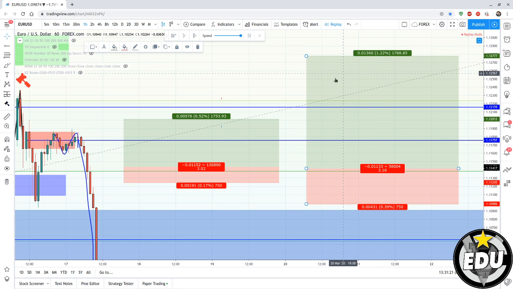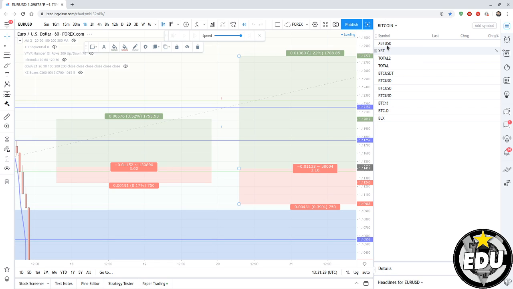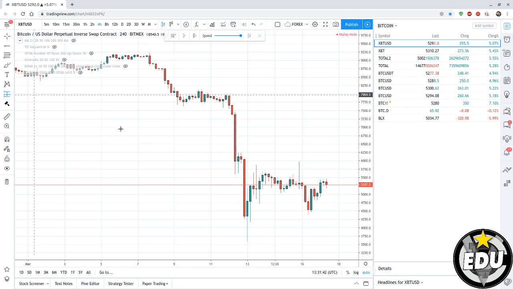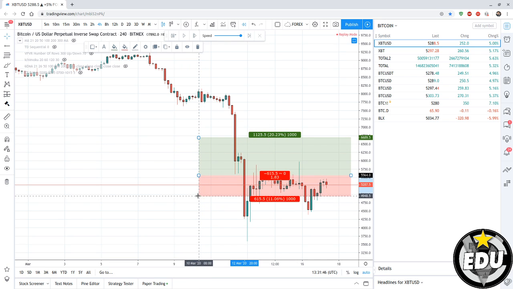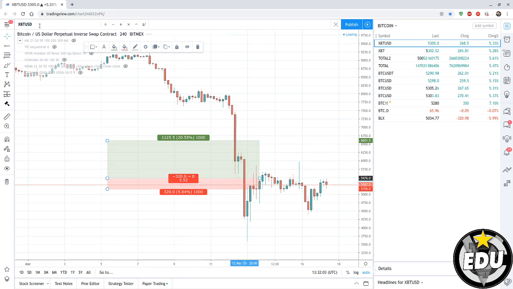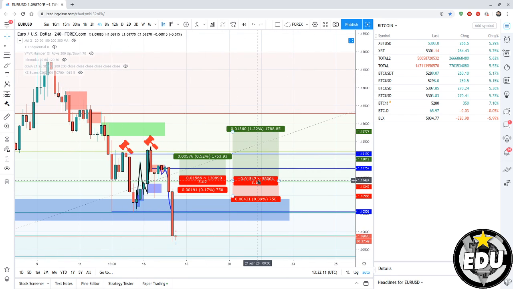Even on Bitcoin, if I pick something that goes way higher in percentage, like 20%, and the stop loss there is just 10%, this trade that goes 20% together with this trade and this trade, they will all give you the same amount of profit if you're able to calculate your position size and manage your stop loss.